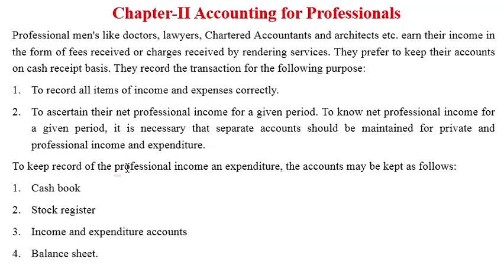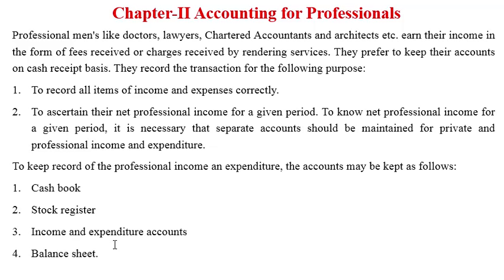Next, to keep the record of professional income and expenditure, the accounts may be kept as follows. They are a cash book, stock register, income and expenditure account, and balance sheet. These are the four books or records they have to maintain to record the expenses and income in the books of account.